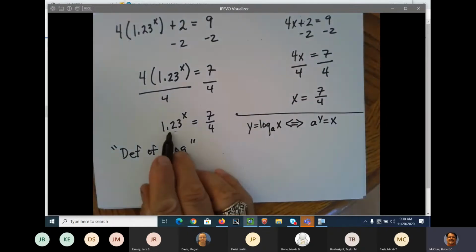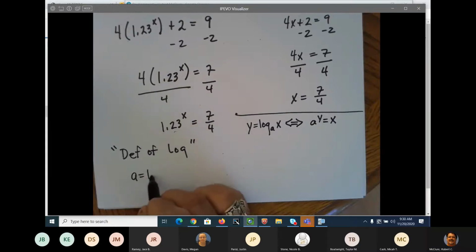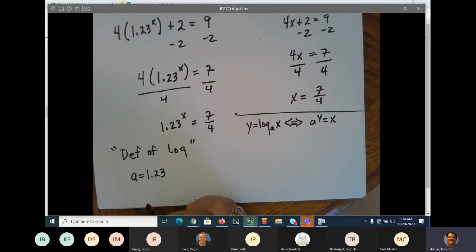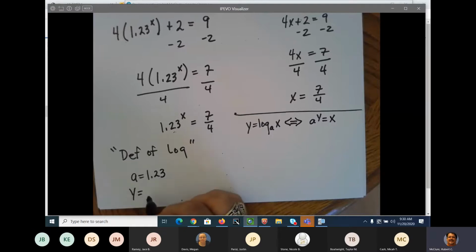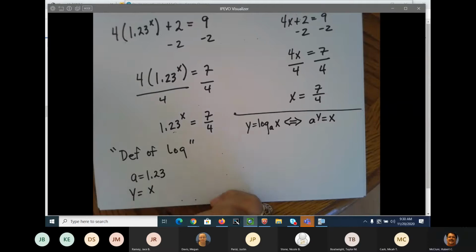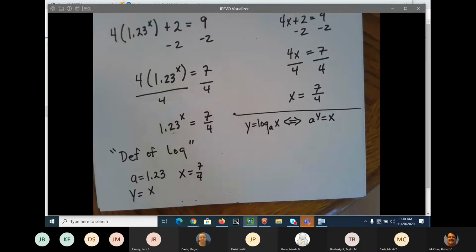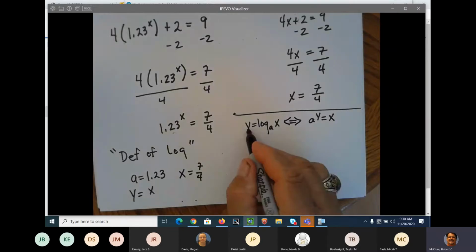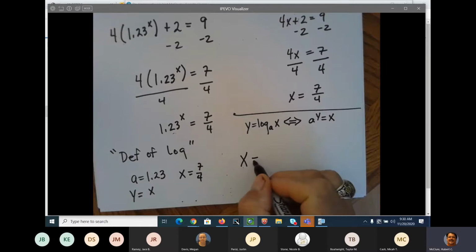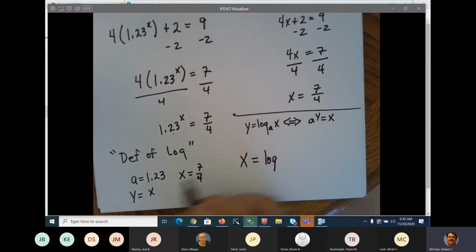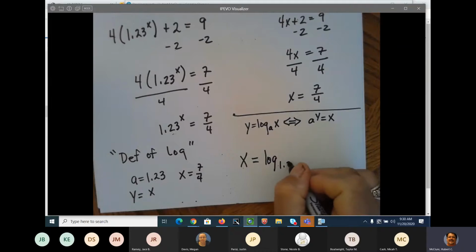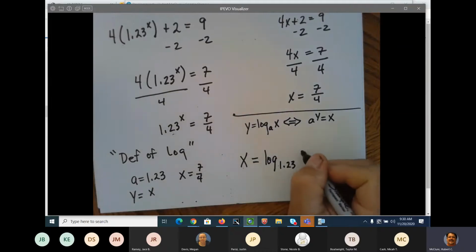Well, a is equal to 1.23, y is equal to x, and x is equal to 7/4. Plug and chug. x is equal to log base 1.23 of 7/4.